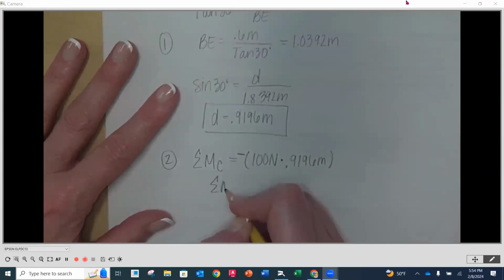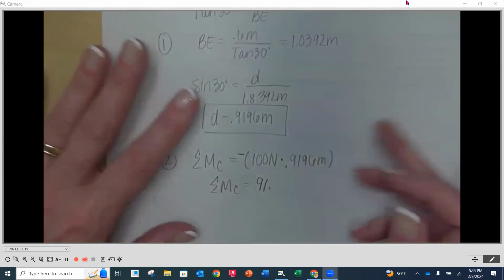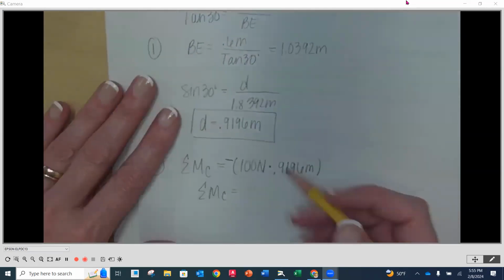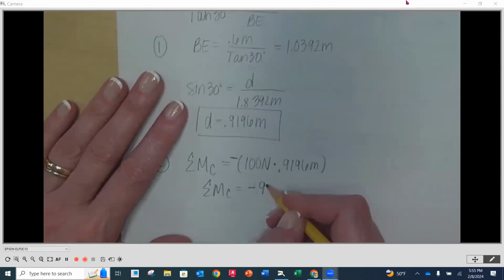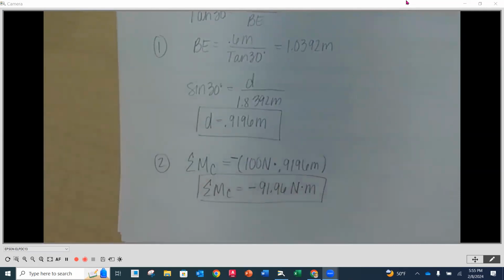So the sum of the moments around C is going to be equal to, I multiply that by 100, negative 91.96 newton meters. Force times distance units, okay? Not newtons per meter.